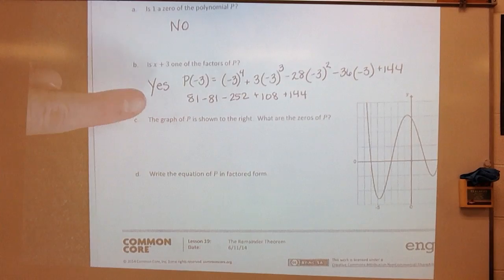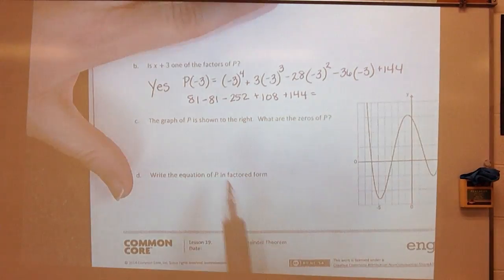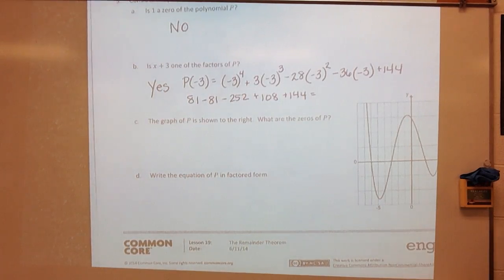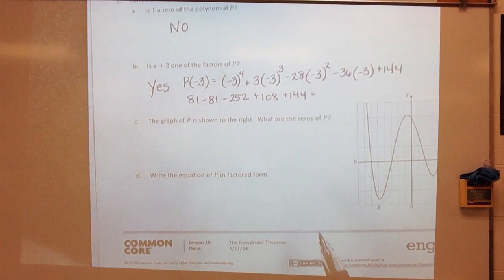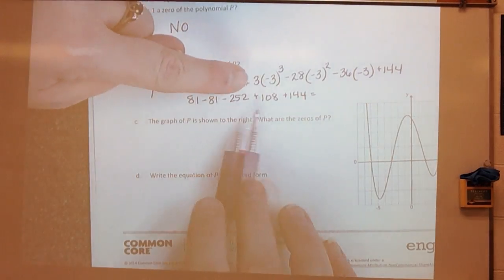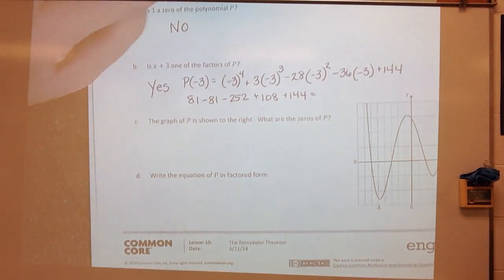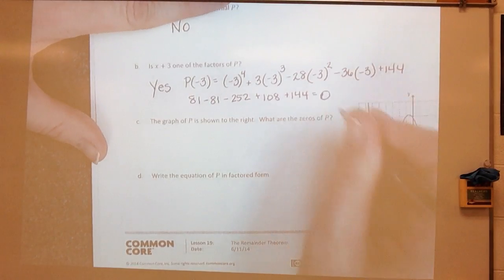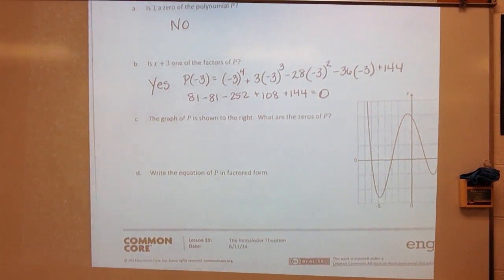If this is true, everything should equal 0. Well, let's figure that out. 81 minus 81 is 0. So I have negative 252 plus 108, which would give me negative 144. Negative 144 plus 144, look at that, we got a 0. So we were right, yes, x plus 3 is a factor.